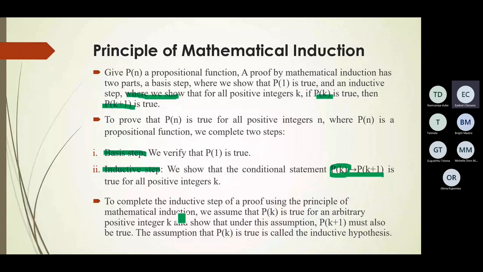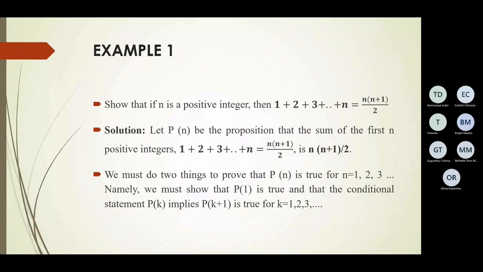So to complete the inductive step of a proof using the principle of mathematical induction, we assume that P of k is true for an arbitrary positive integer k and show that under this assumption, P of k plus 1 must also be true. The assumption that P of k is true is called the inductive hypothesis, or an assumption that you'll be given.